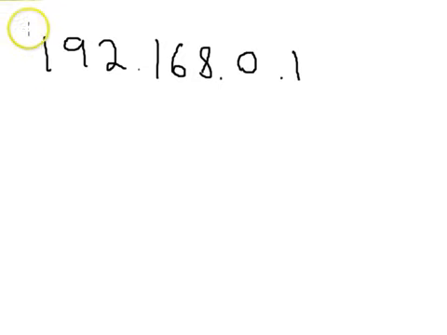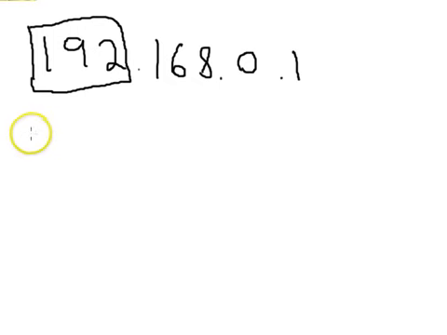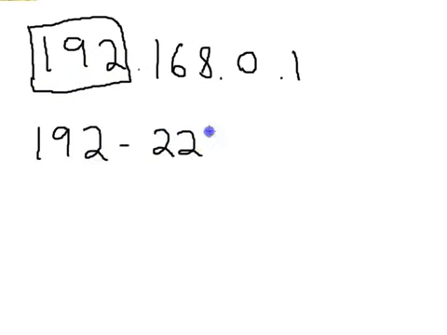This 192 is not part of the 0 to 127, it's not part of the 128 to 191, but it is part of the 192 to 223, and if we remember, that happens to be a Class C address. So this address is a Class C address. And there you go. That's how you can determine the class of these addresses.